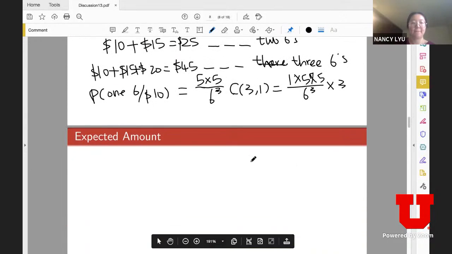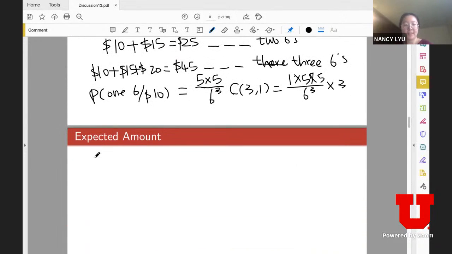Okay. And this one will give us 75 over 6 cubed. And the second one is, what is the probability of getting two 6s, which means that you win $25 in this case?